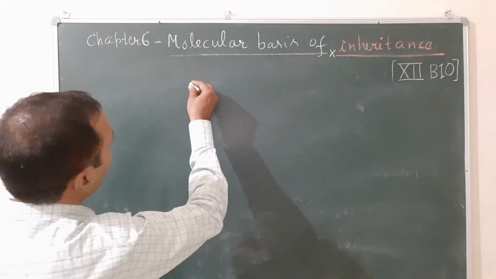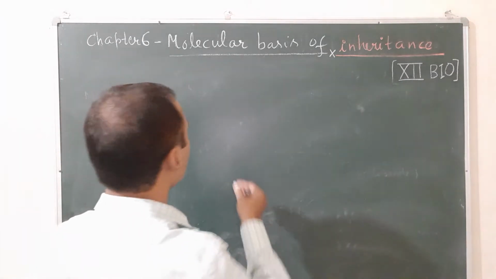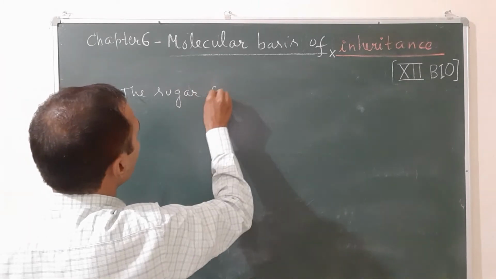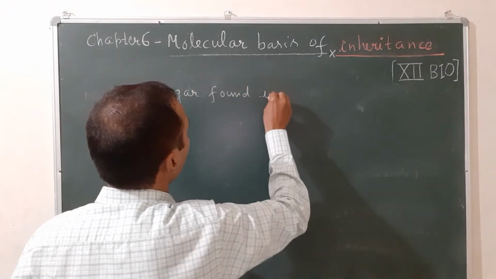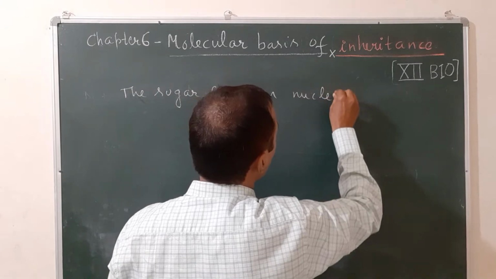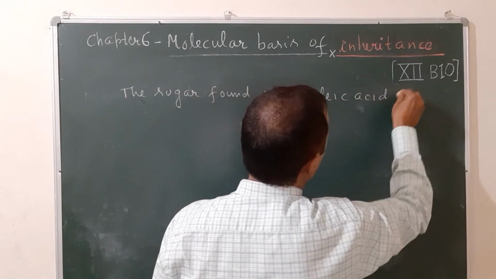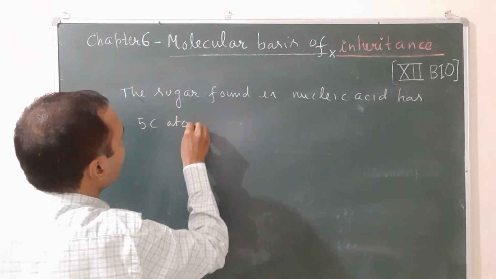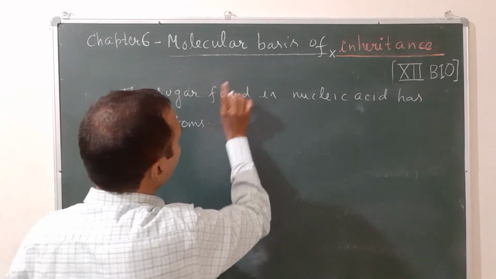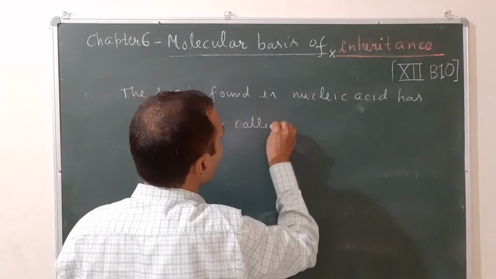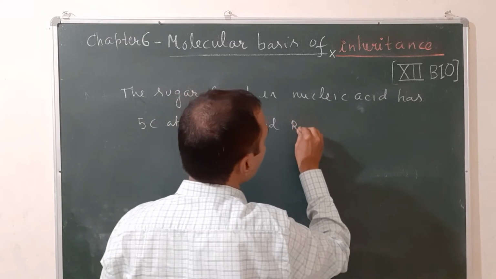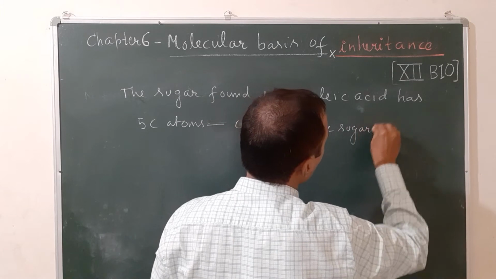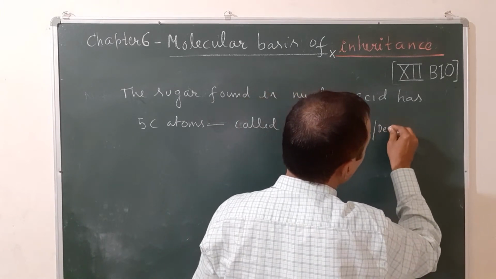First one, the type of sugar found in nucleic acids. The sugar found in nucleic acid has 5 carbon atoms, and this sugar is called ribose sugar or deoxyribose sugar.